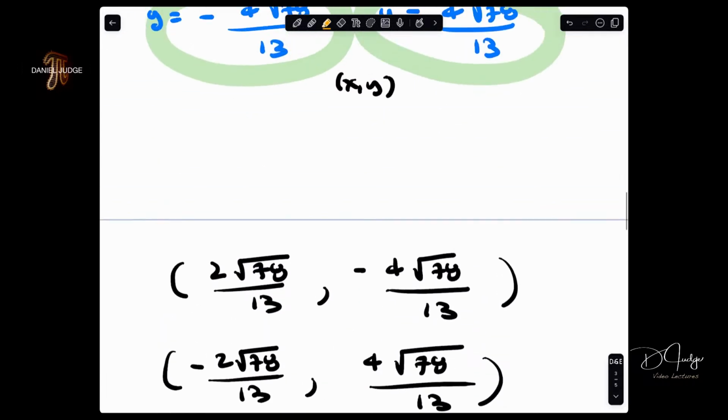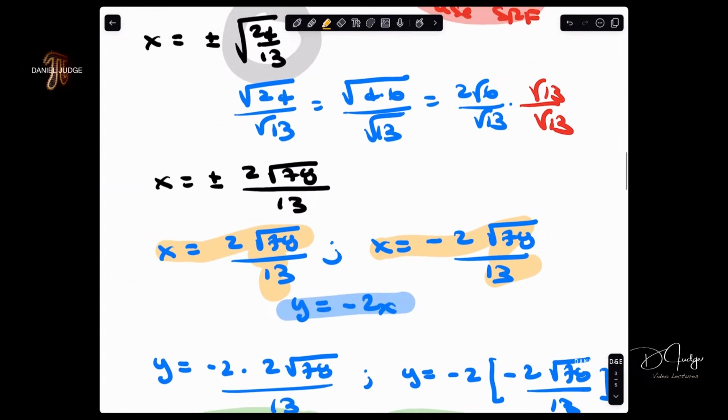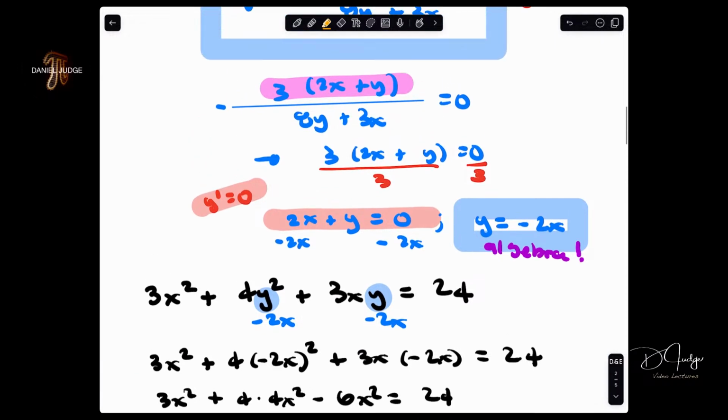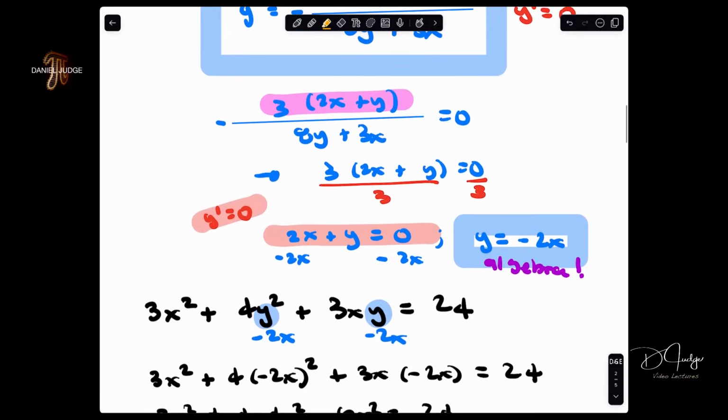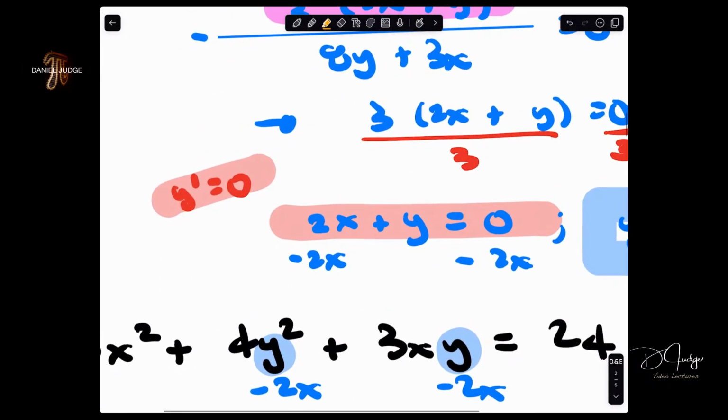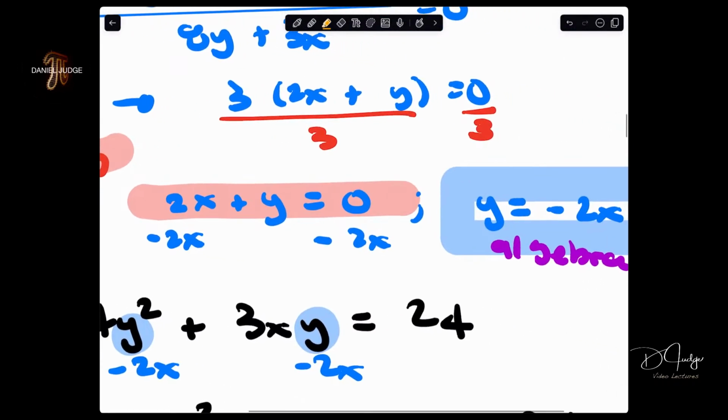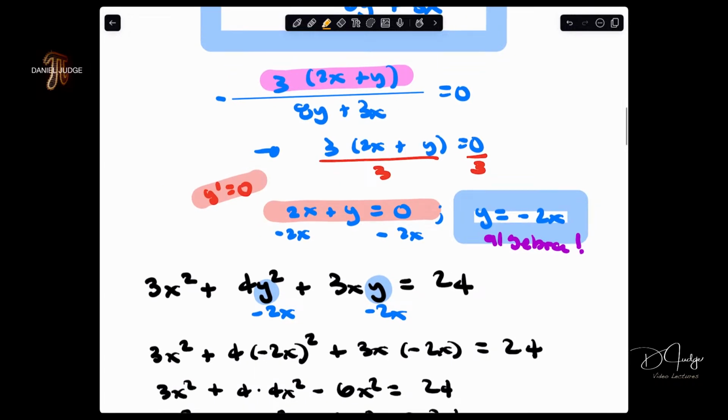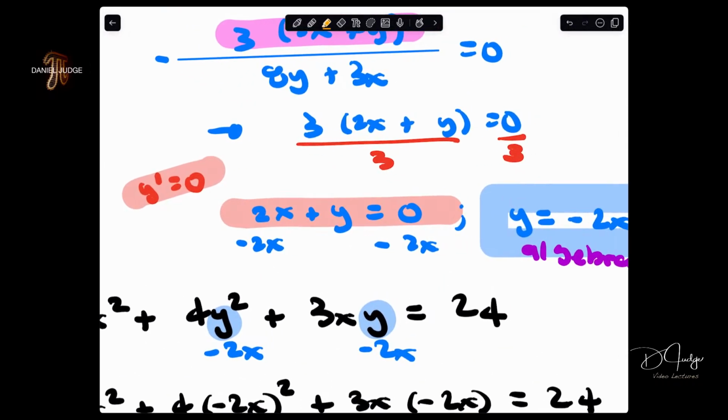But as you know, the key is that when you let y prime be 0, you end up with a line: y is actually negative 2x. There's some algebra because of it, so you always solve this particular question here. This is the key.